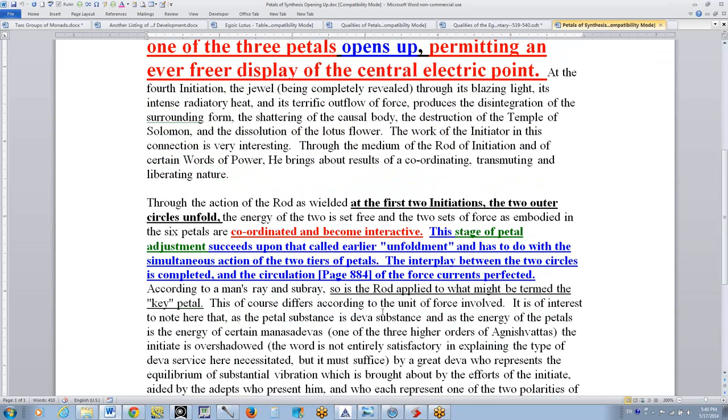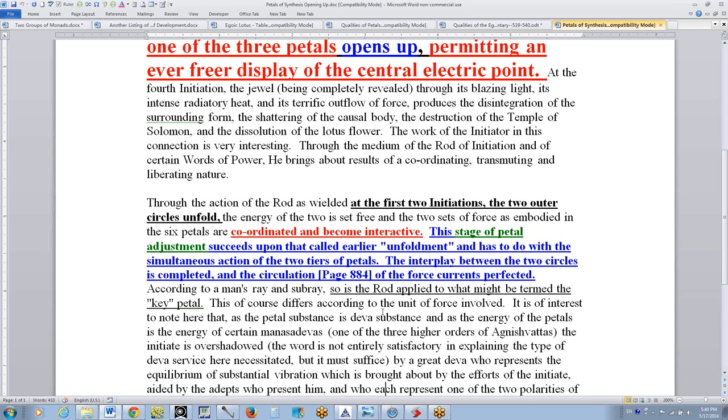Through the action of the rod as wielded at the first two initiations, the two outer circles unfold. Now, this is the question: is there, for the very first circle, not a complete unfoldment until the first initiation?